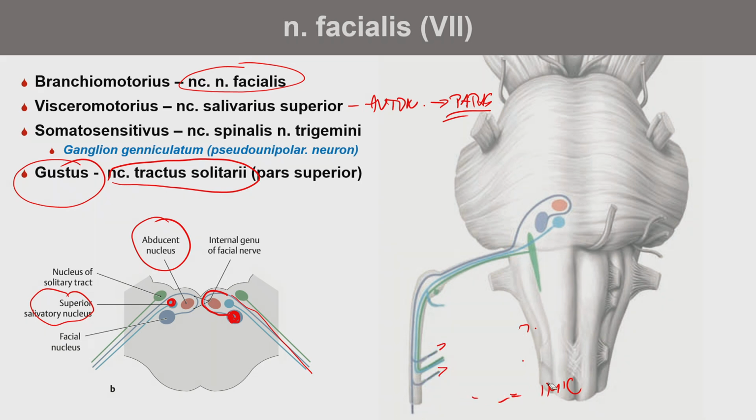Now the visceromotor part, and look at this. The visceromotor part is here and makes one branch here and a second branch here.